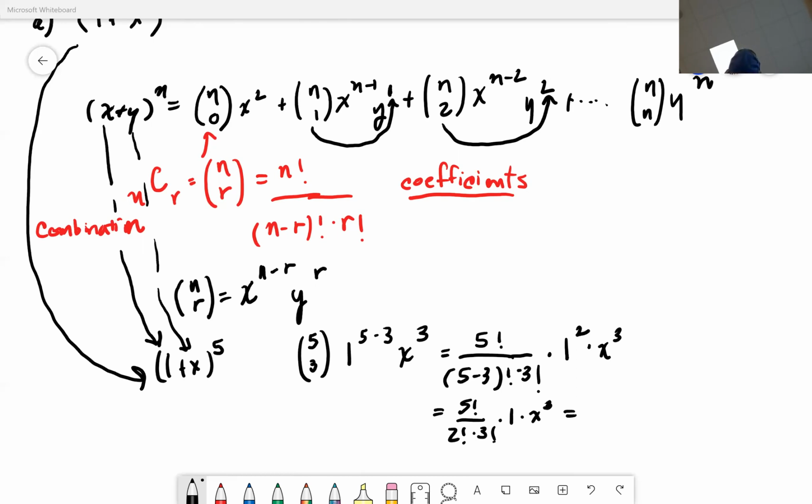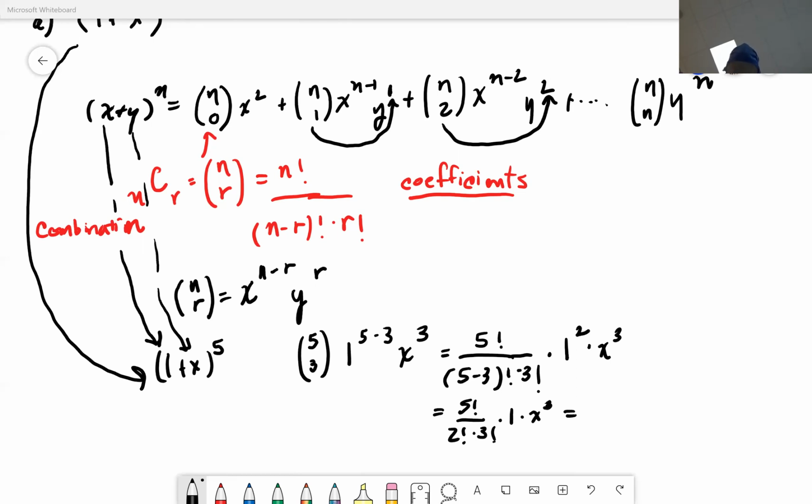I press A for calculate. Then I go to menu and I will go to probability.